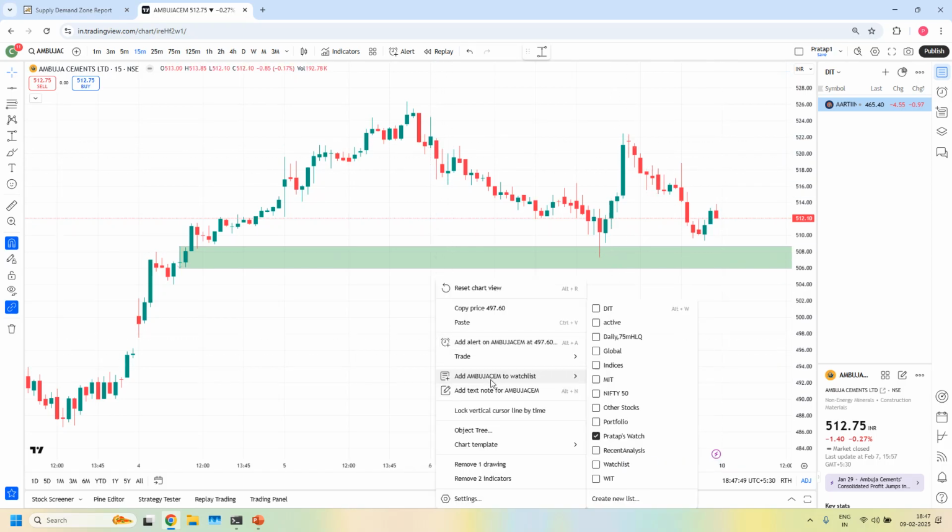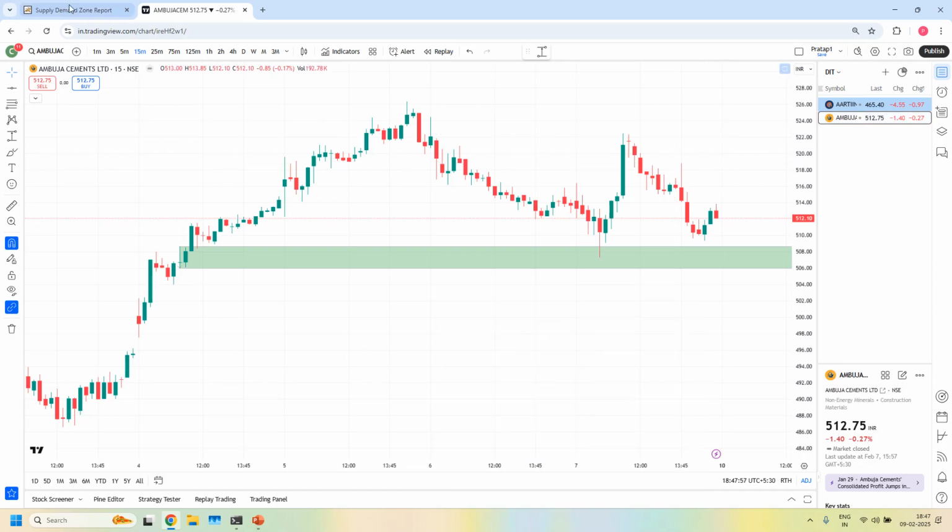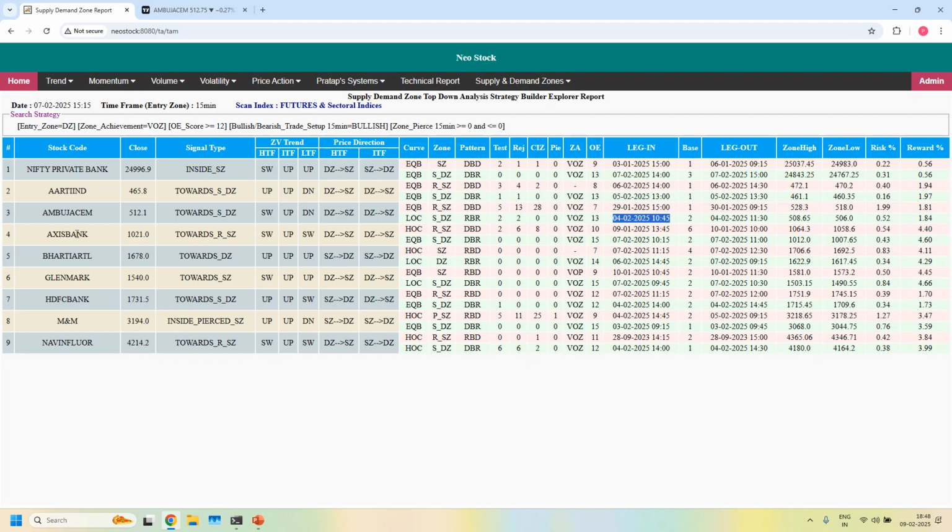Okay, let me add this into the checklist. Okay. Next one is Axis Bank. When it was created, this is on 7th February 10:15.